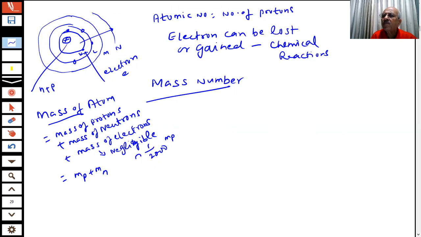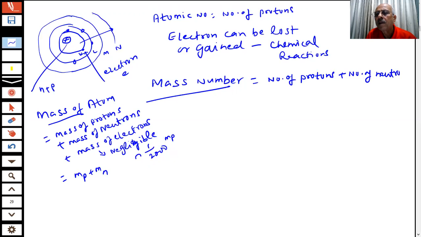I may ignore the electron because it is very, very small. So the entire mass is present where? Inside the nucleus. Or I may represent it as something called the mass number, which is defined as the number of protons plus the number of neutrons.